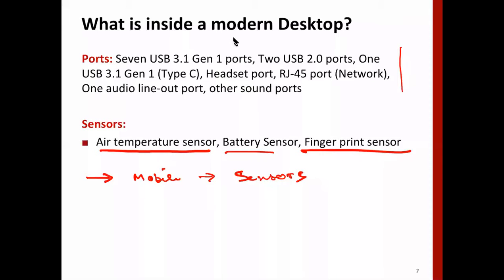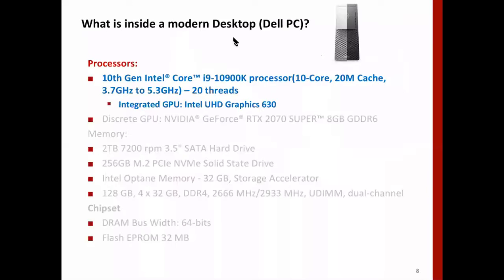GPS, for example, is a very important component of a mobile, because many applications are based on that, like navigation, etc. But on the other hand, a desktop is stationary, so you will not see mention of a GPS sensor or GPS interface here.